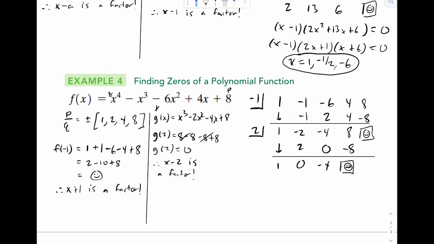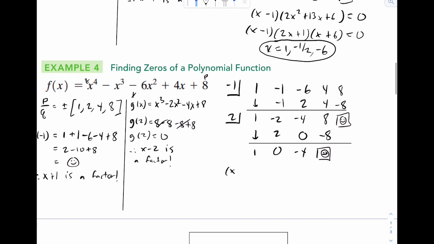Excellent. So now we interpret this. So the first factor was x plus 1. The second factor was x minus 2. And then this is going to be x squared minus 4 equals 0. And now we can solve it. The zeros are x equals negative 1, 2, and negative 2.